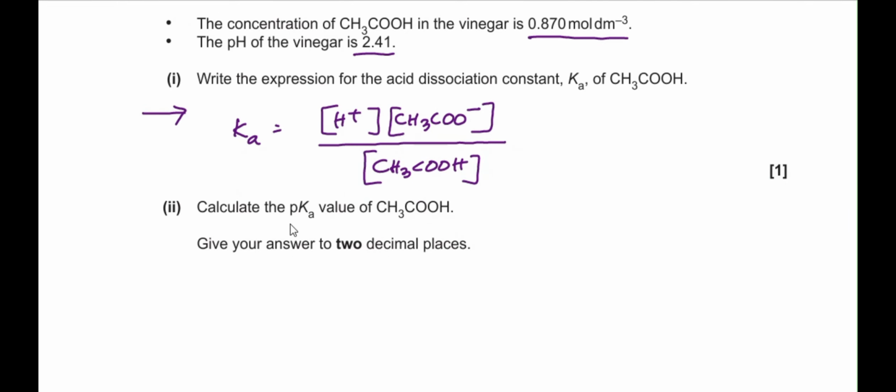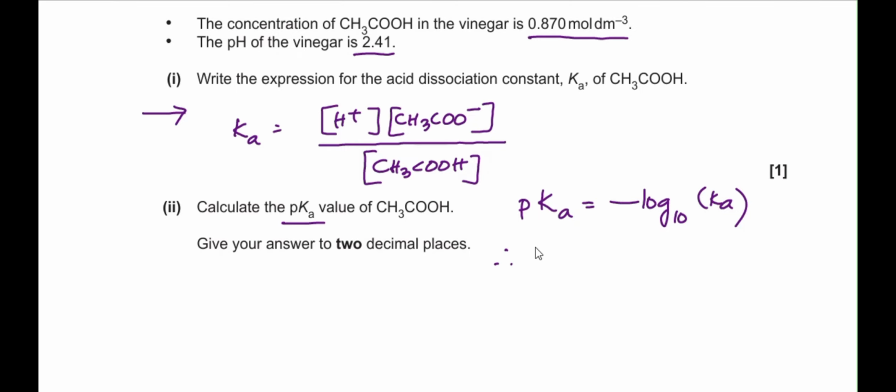Working backwards, let us write what pKa is. pKa, just the same way as pH, is equal to minus log to the base 10 of Ka value. We should also remember that for a weak acid, the concentration of hydrogen ions is equal to the concentration of its conjugate base, that is CH3COO minus, at equilibrium.